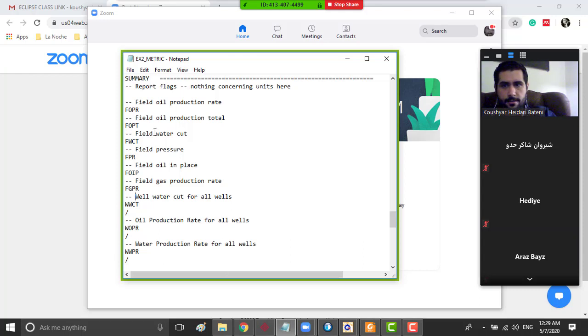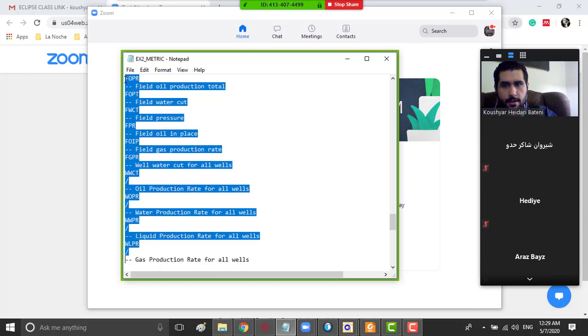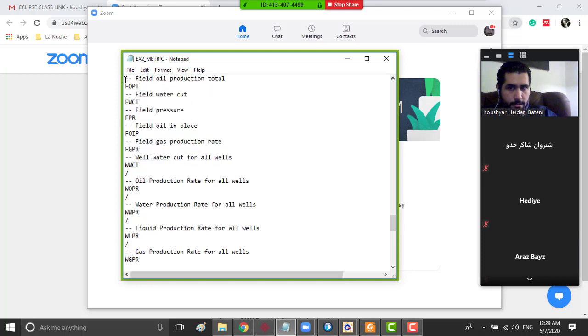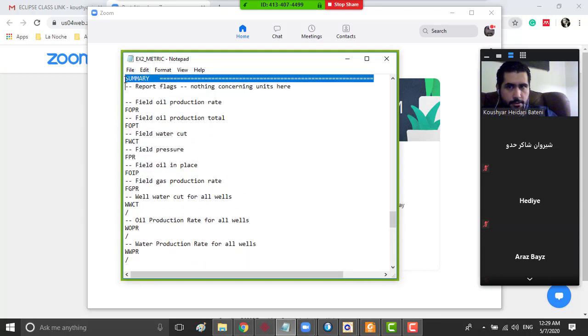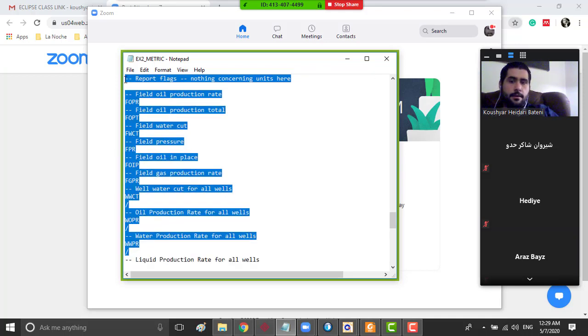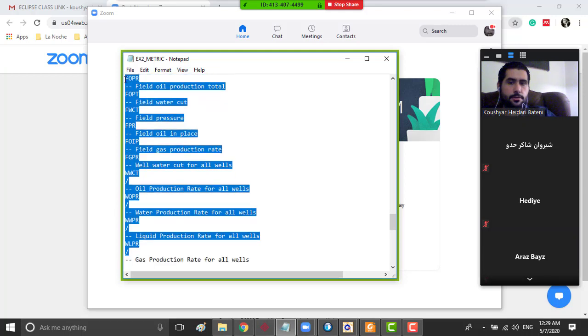So this summary section of the data file controls what you're going to see in the results of your simulation when you open up the office part of Eclipse. Okay? The summary section of your data file controls what you're going to see in the result of your simulation when you use Office.